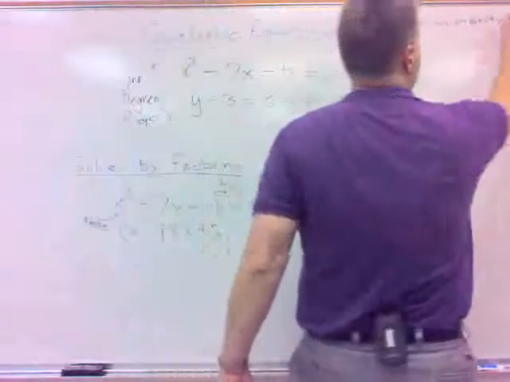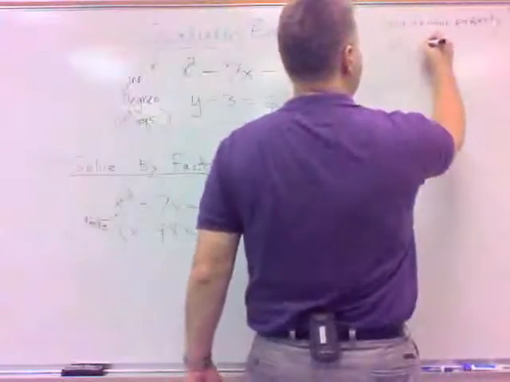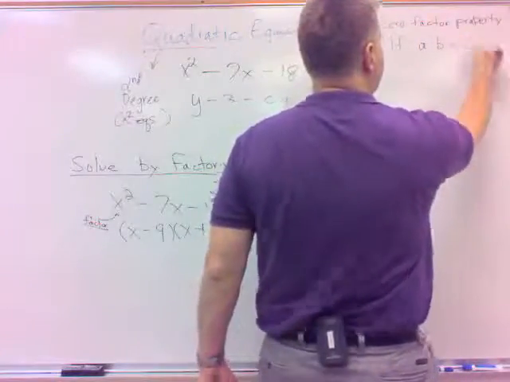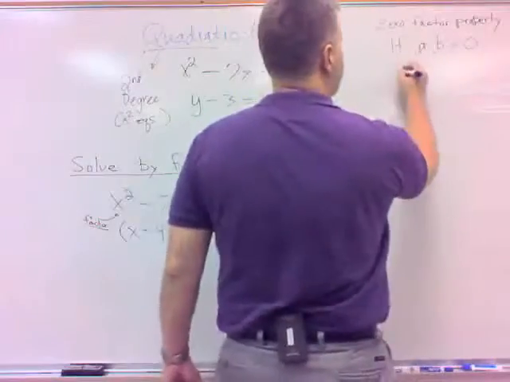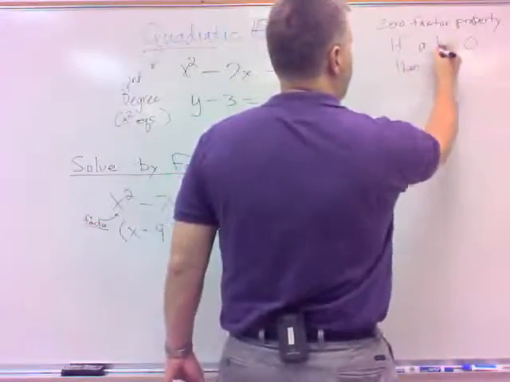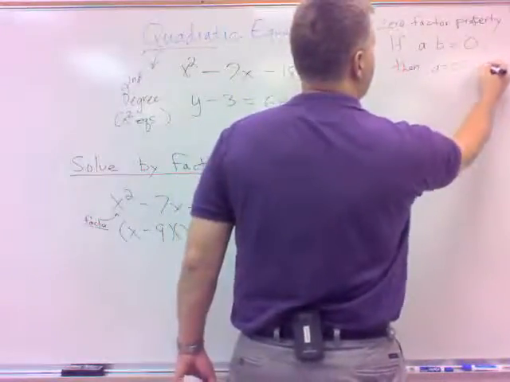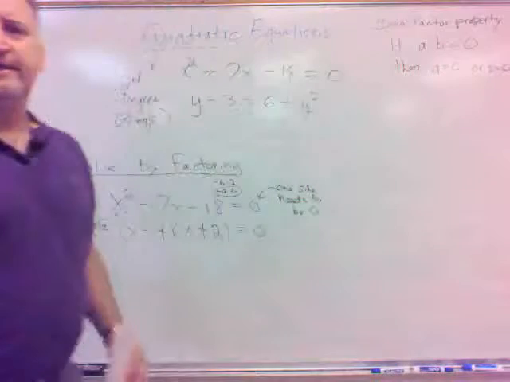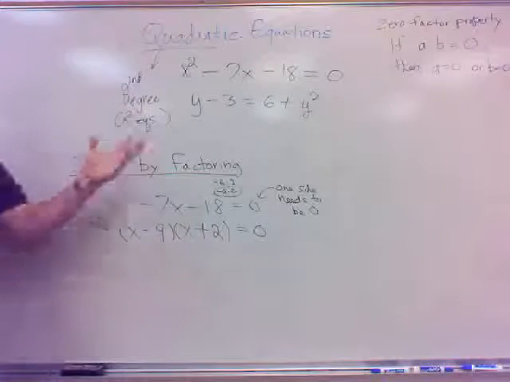It states that if you have an a times a b, two things multiplied together, equals 0, then either a has to be 0 or b has to equal 0.